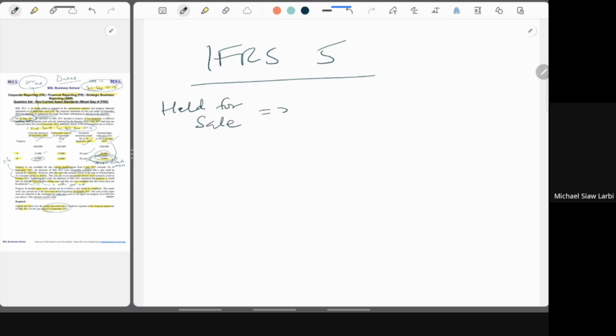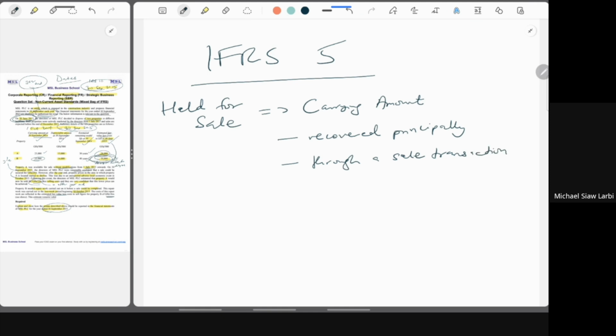What this basically implies is that the carrying amount of the asset will be recovered principally through a sale transaction rather than through continuing use, right?